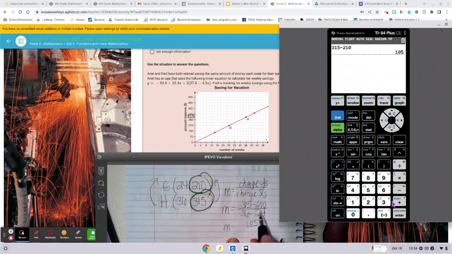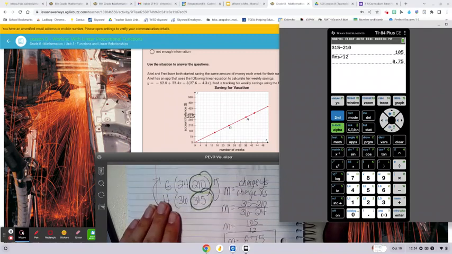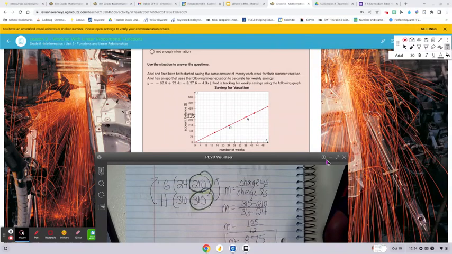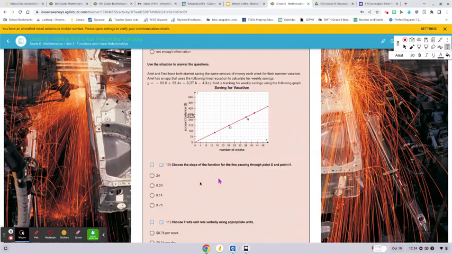And then 36 minus 24 is 12. Last step is to divide. So I'm going to do 105 divided by 12. Looks like the slope is 8.75. All right, 8.75 is our slope.